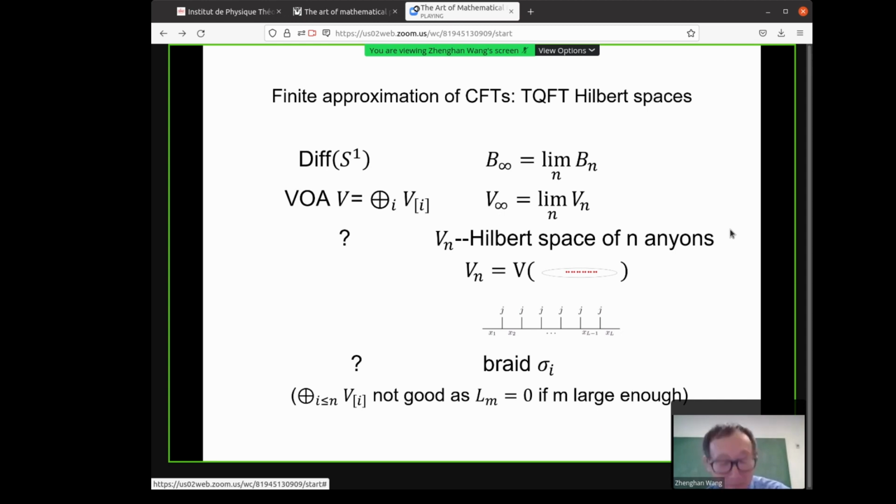One mathematical definition of a chiral conformal field theory is a vertex operator algebra, and that's kind of like a limit of the representation spaces of the braid groups. Then you can ask what's the analog of braiding, and how do we approximate a vertex operator algebra, a chiral conformal field theory?